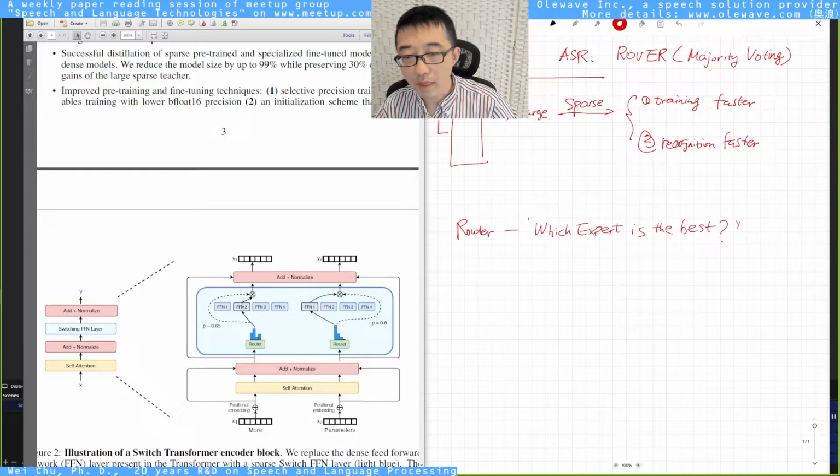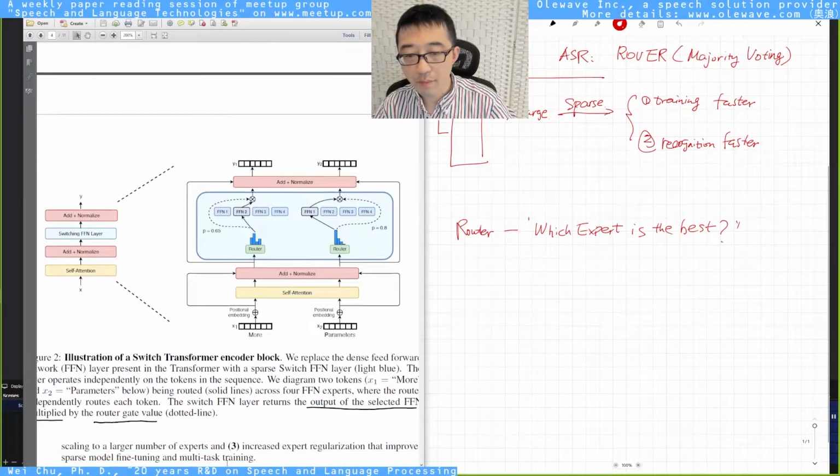And once it gets the output, it multiplies it by the router gate value. It doesn't have to be 0.65. It's a router gate value; you can regard it as a scaling factor, or even a matrix. And the rest of the thing is the same.